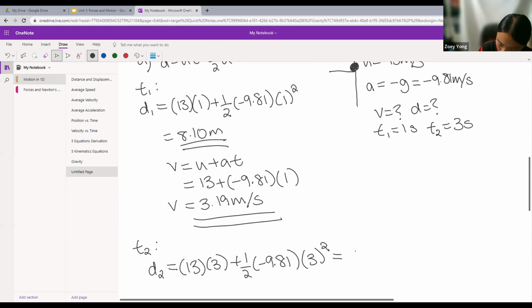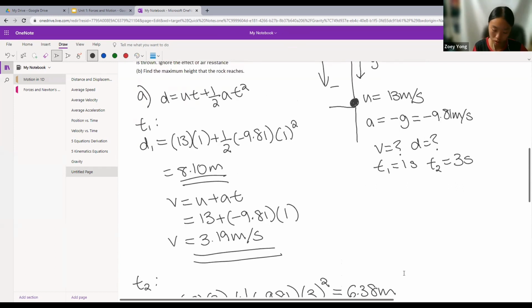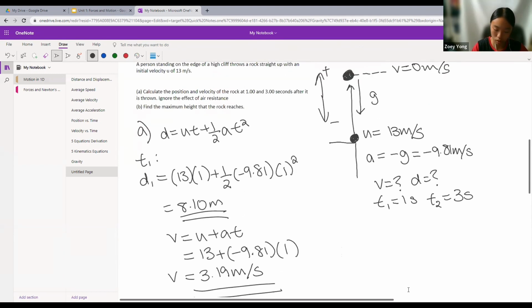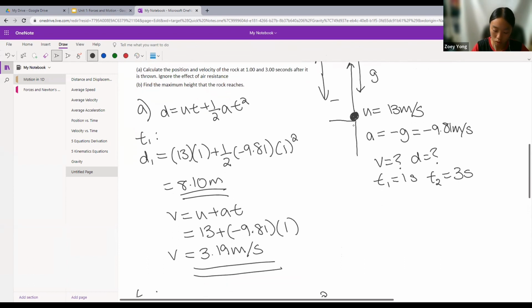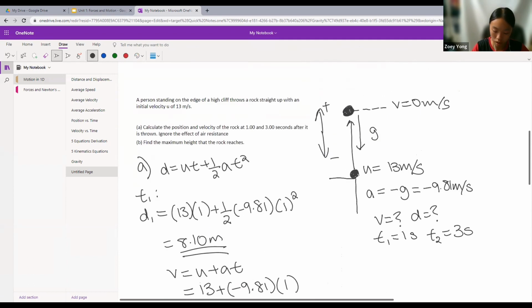We're going to get 6.38 meters. At this point, the rock is probably somewhere up here. If the distance was negative, that means that it will be below the rock's starting point. So basically over here, the distance equals 0 meters. So after 3 seconds, the rock is somewhere up here. But if the distance becomes negative, the rock is going to be down here.